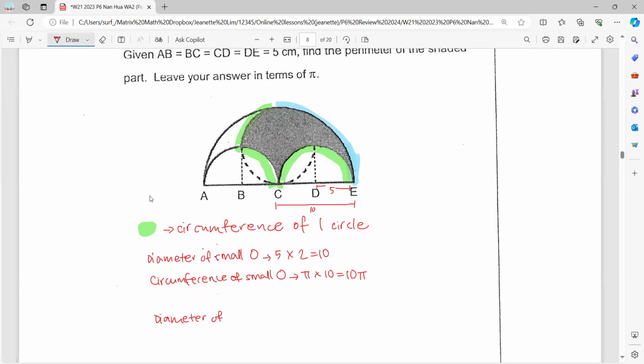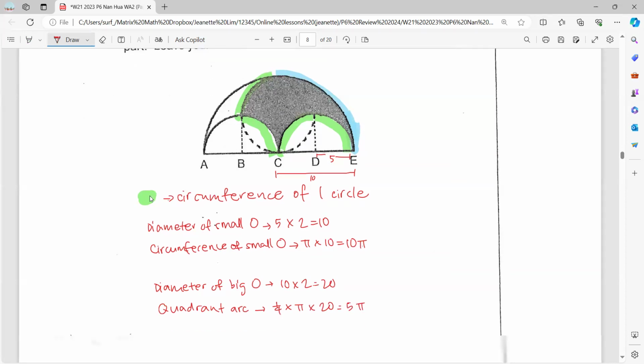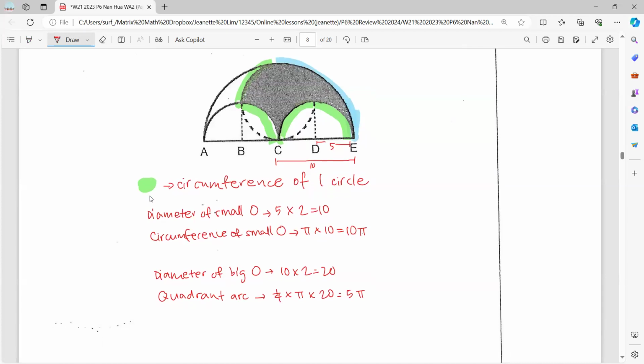Now, what is the arc of a quadrant? For a quadrant arc, we take a quarter times pi times diameter. A quarter times 20 is 5, so 5 pi. Okay, then just add them up. 10 pi and 5 pi. Answer: 15 pi.